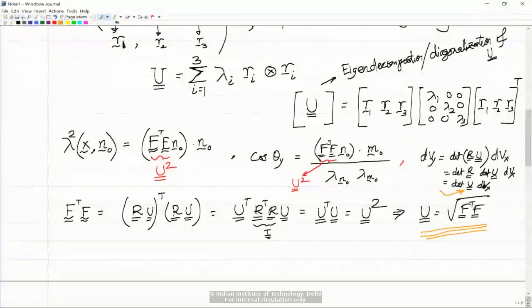And once you have gotten U, then big R is simply from the polar decomposition. So big F is equal to R times U. So big R is therefore big F into U inverse.